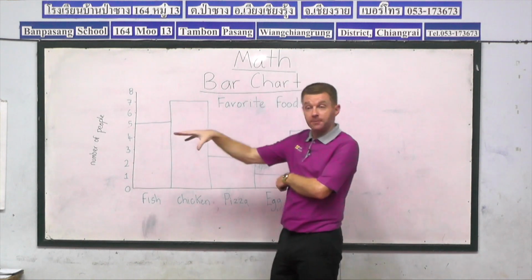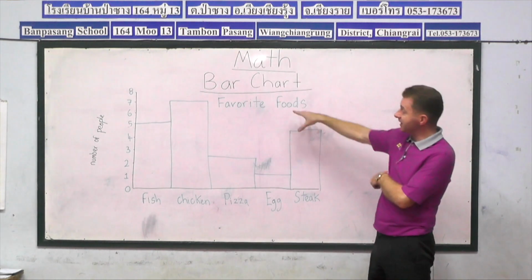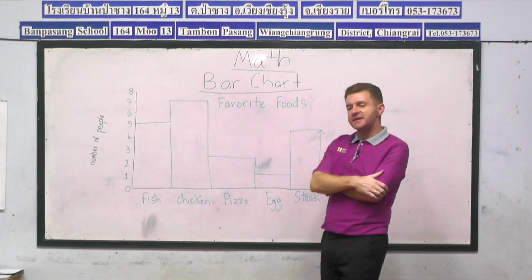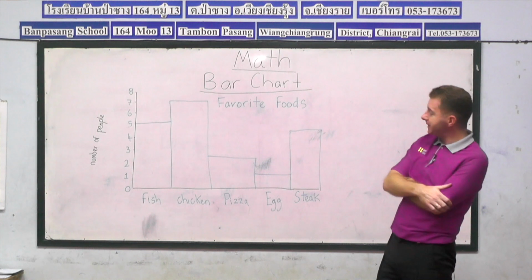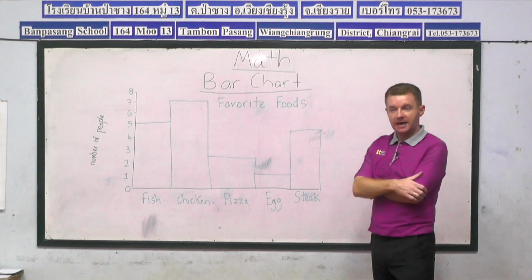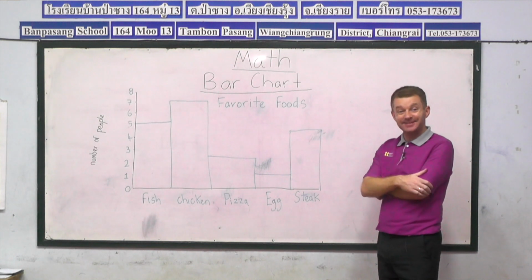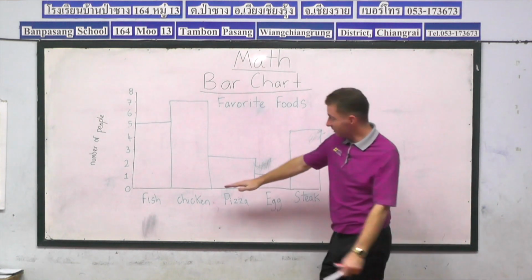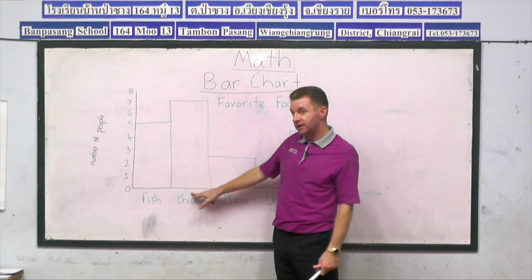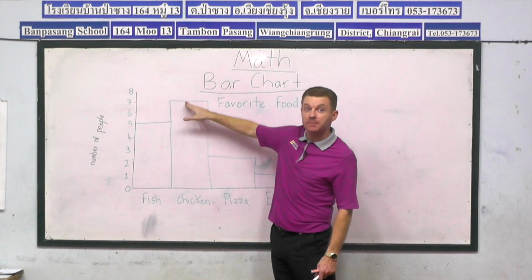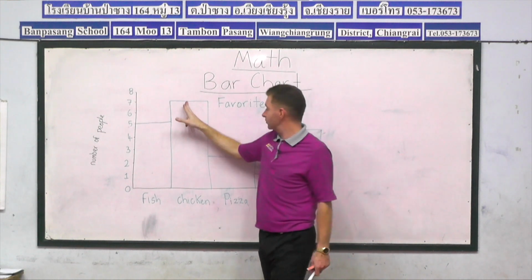So the number of people who have fish as their favorite food is 5. Well done, Net. Nadia, how many people have chicken as their favorite food? 7, yes, see? Easy when you know how. All we do is we go to the next category, chicken, up to the top, and we can see 7 people have chicken as their favorite food.